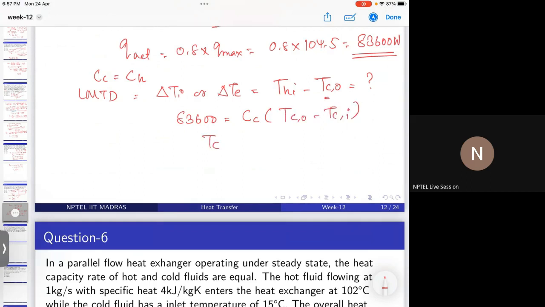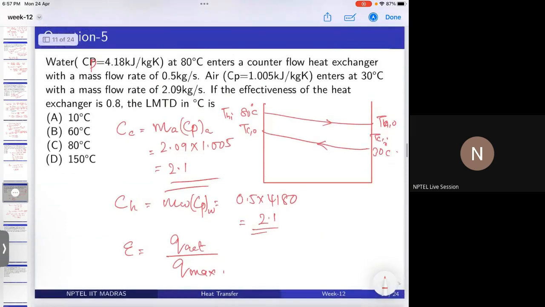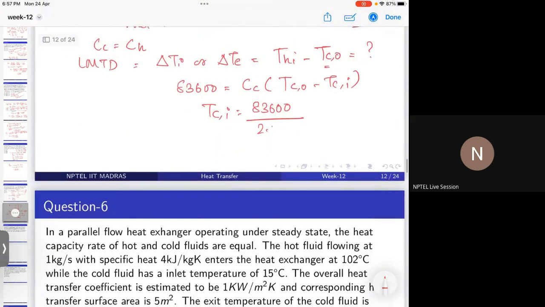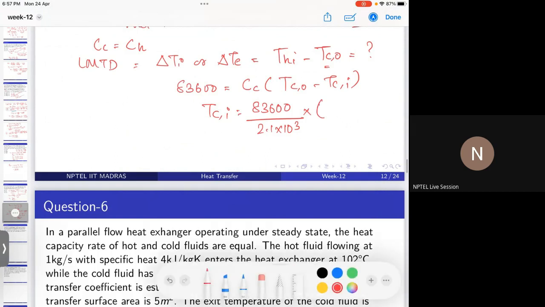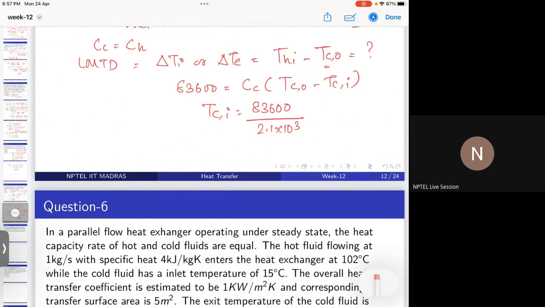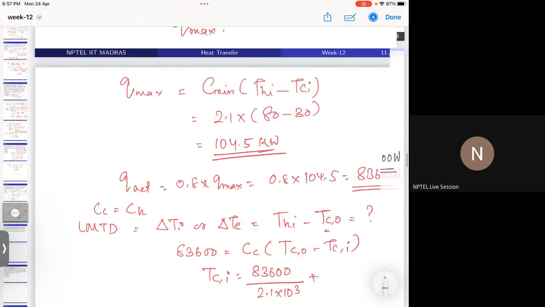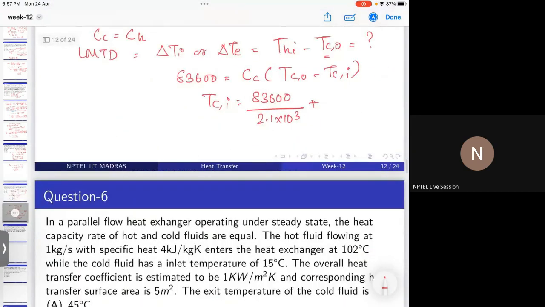So Tco is equal to 83600 divided by Cc, plus the inlet temperature of the cold fluid, 30.